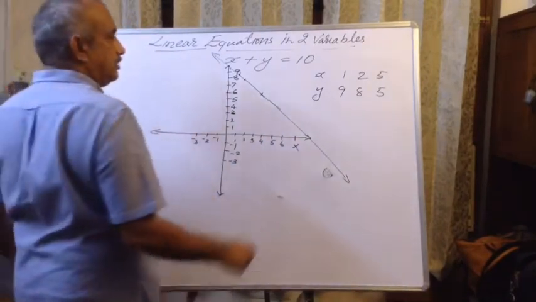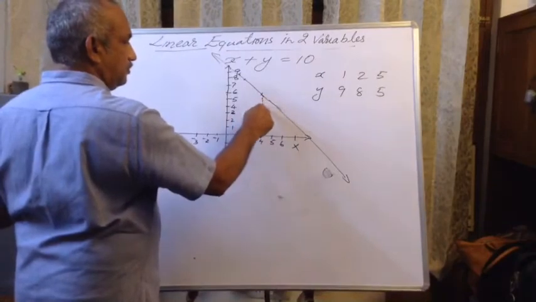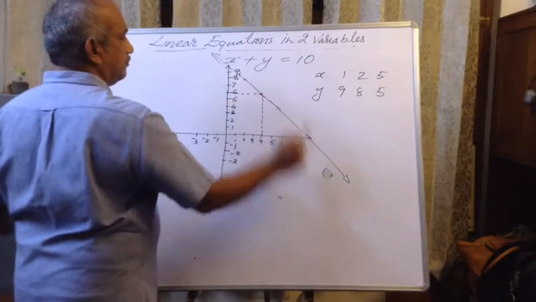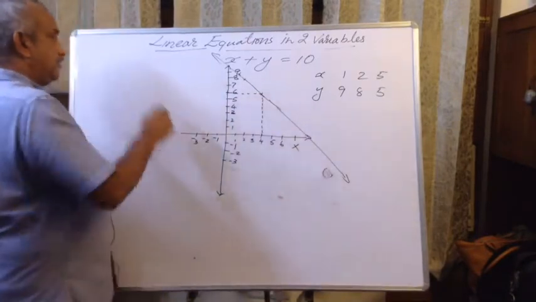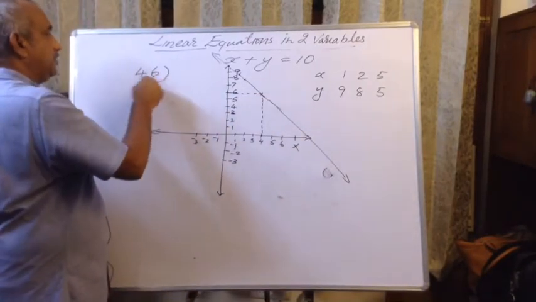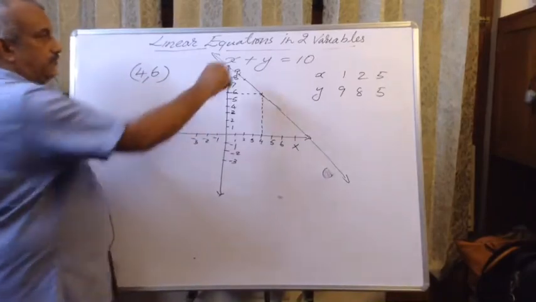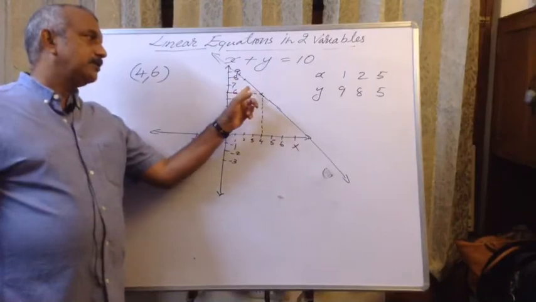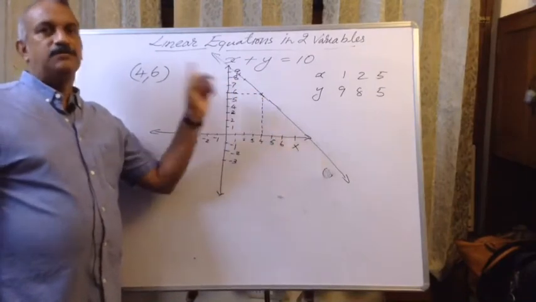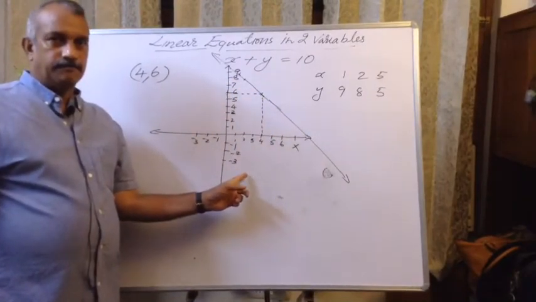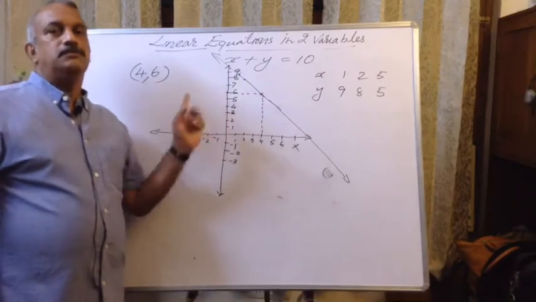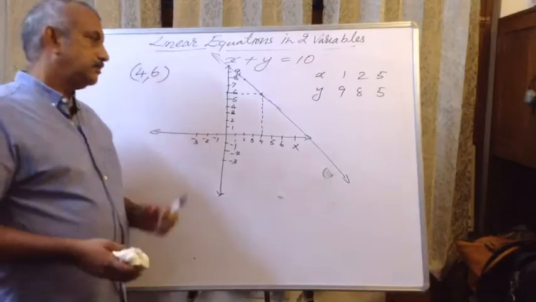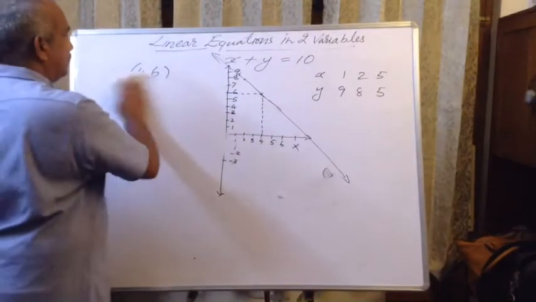Now let me draw to the x-axis. I am reaching 4. I am going to the y-axis. I am getting 6. So 4, 6 is a solution of the equation. 4 plus 6 is equal to 10. So if you take any point on this graph and find its coordinates, it will be a solution of the equation. So this point also you have to remember.